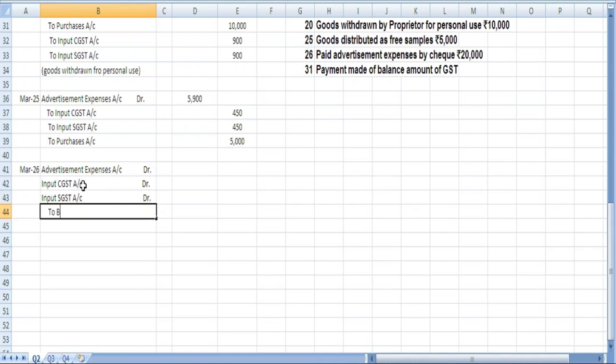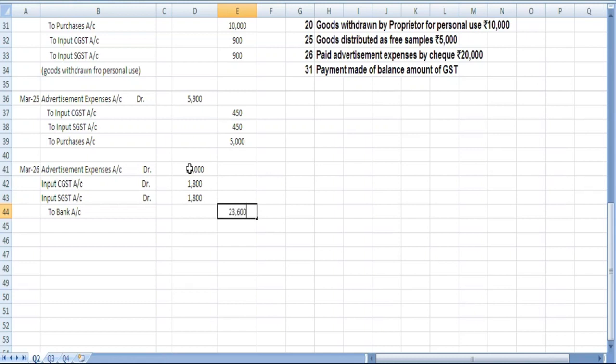So we will write down to bank account. Now advertisement expense is your 20,000. 9% of 20,000 is 1,800, and again here same 1,800, and the total is coming as 23,600.